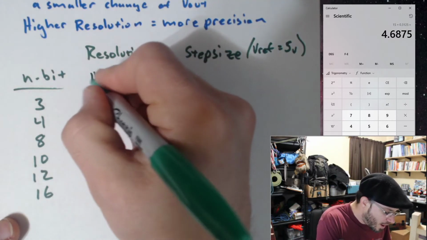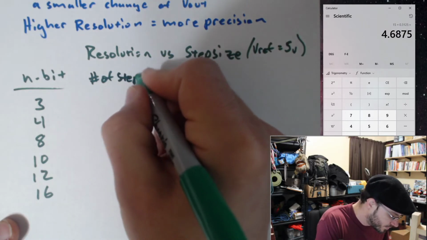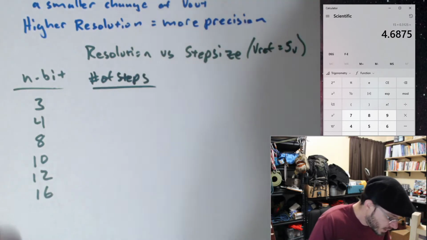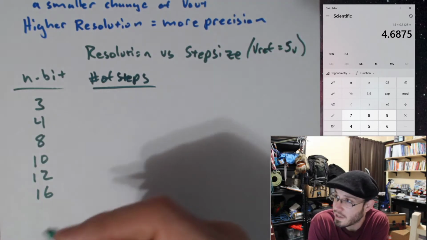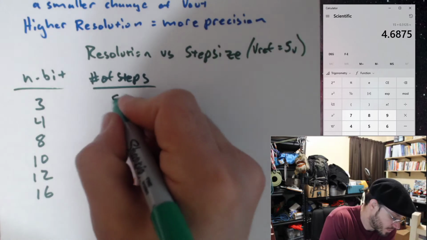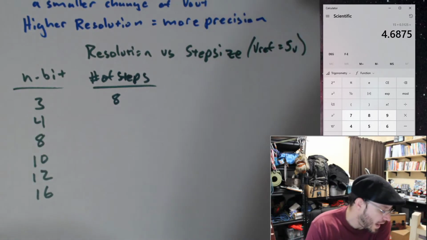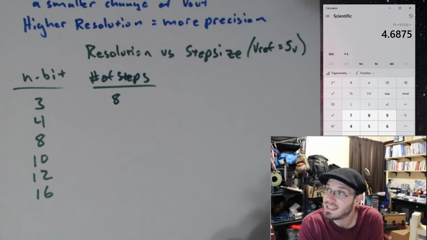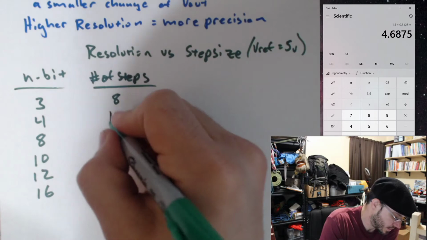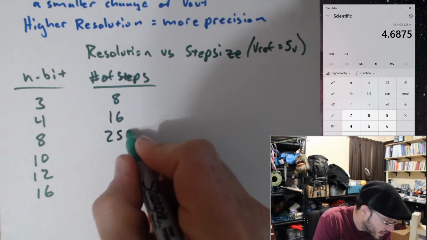Okay, the number of steps for each one of these. If we have 3-bit, the number of steps is 2 to the 3, or 8. For a 4-bit digital to analog converter, as we already calculated, it was 16. For 8-bit, it's 256.